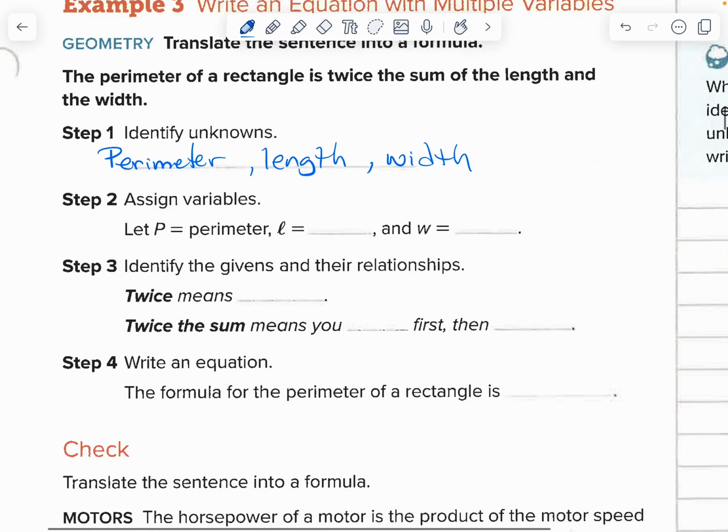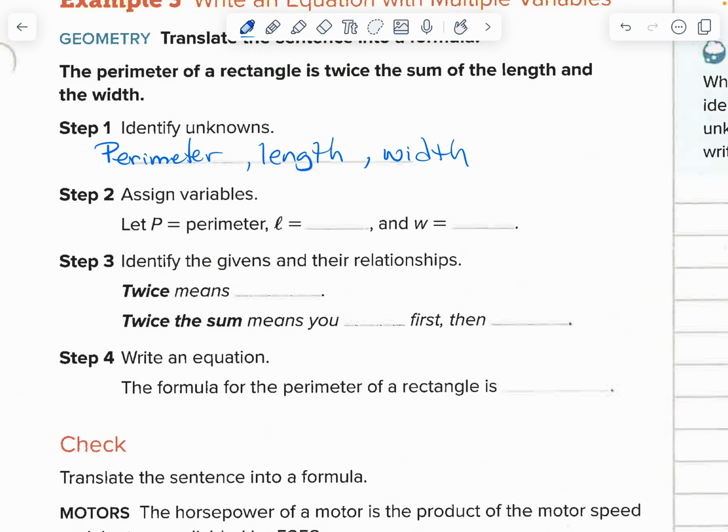So then we're going to assign variables. Let P equal perimeter, L equal length, and W equal width. Twice means 2 times.